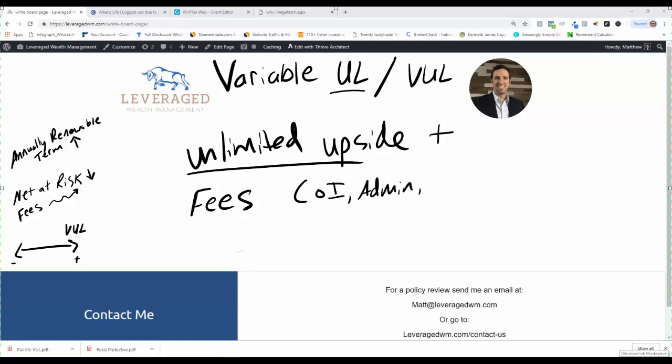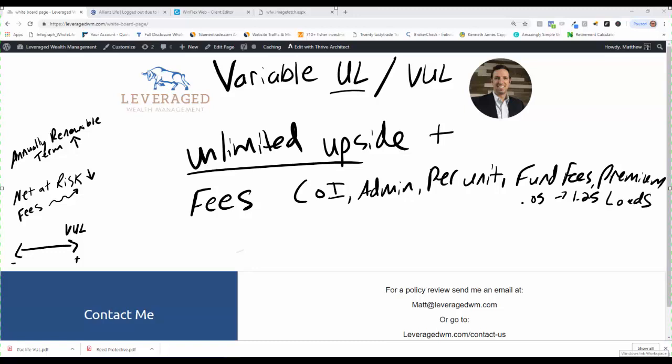You also have per unit charges. You also have fund fees, and you're familiar with those if you've invested in mutual funds, but those could be anywhere from, let's call it, 5 basis points all the way up to 125 basis points. And you also have premium loads.